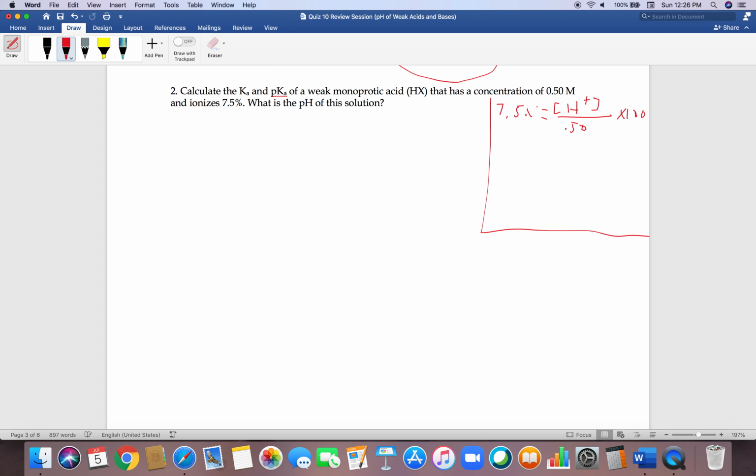So to find the hydrogen ion concentration, we'll just do a little bit of math. We first have to undo the percent by dividing by 100. So we'll get 0.075, sorry, only 1 zero. Here's my new eraser tool, which I didn't know existed.